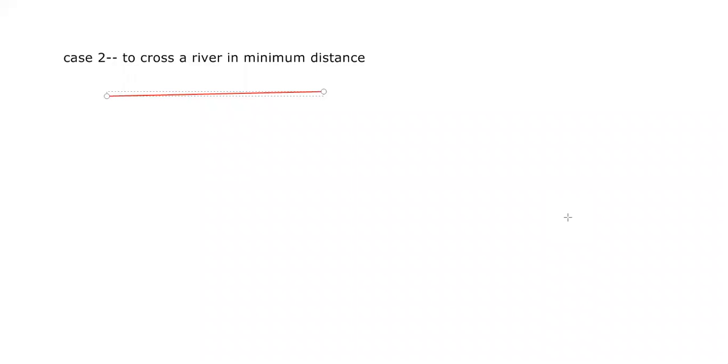In the second case, the man travels the minimum distance. Here the width of the river is small d, and the person wants to come directly across to his place. So the person starts traveling in a direction like this, so that when the river pushes him, he moves in this way.